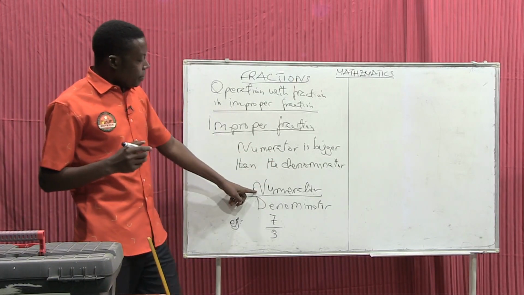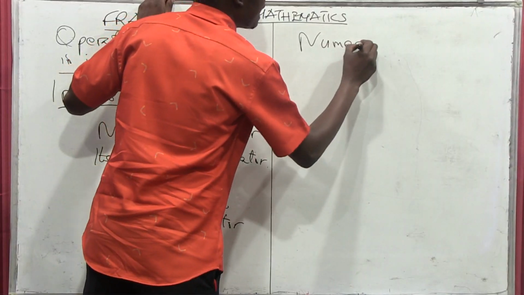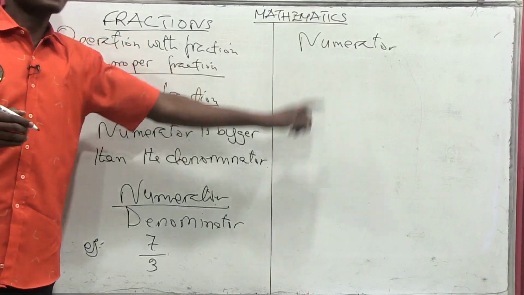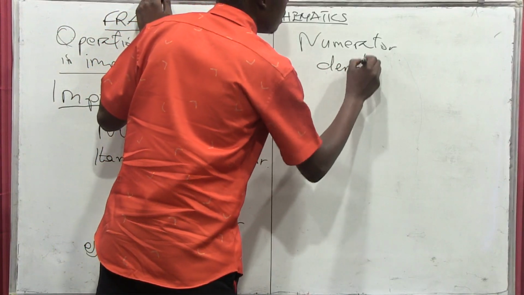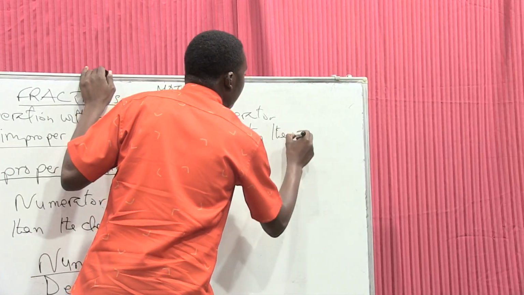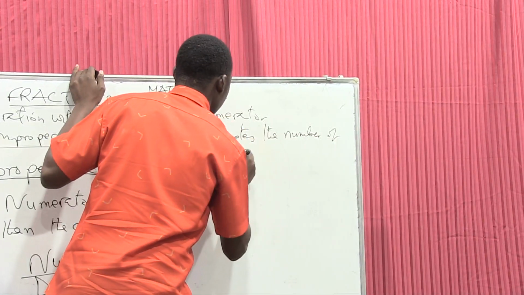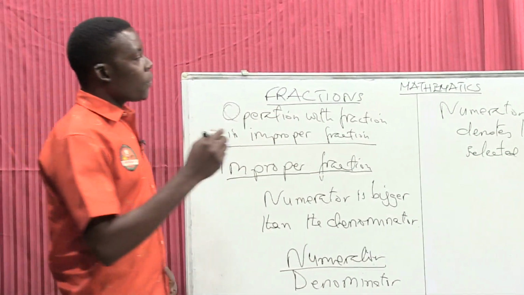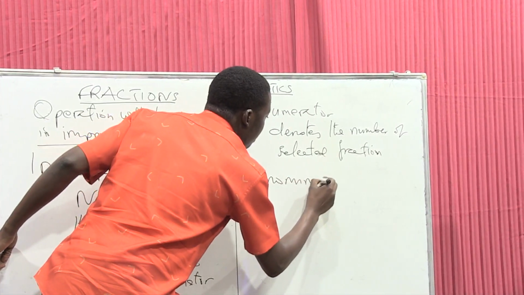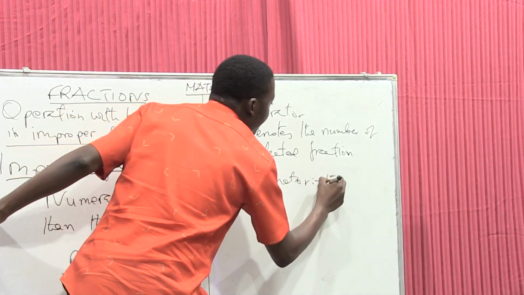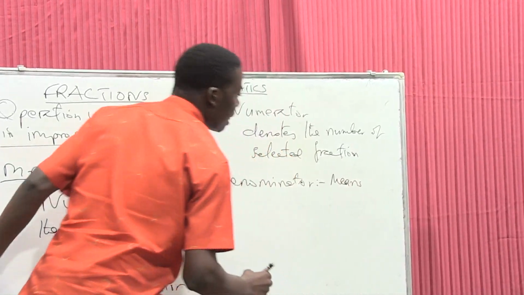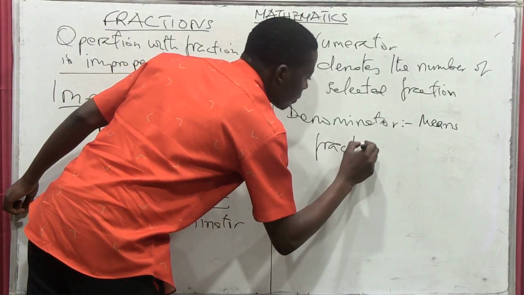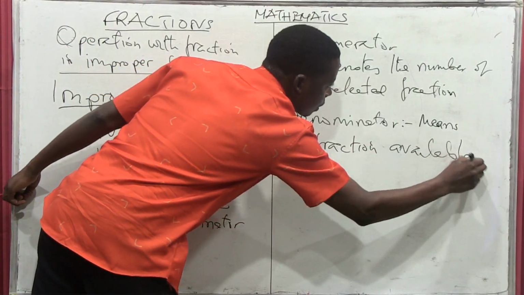We said that the numerator denotes the number of selected fractions, while the denominator means the total fractions available.